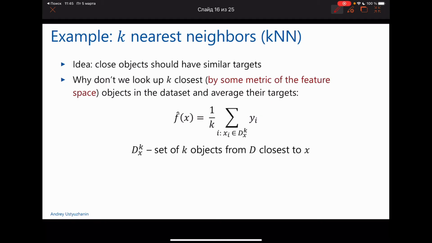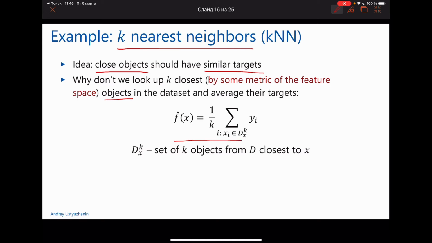So here is an example of such an algorithm. This is called k-nearest neighbors. The idea behind this algorithm is that close objects should have similar properties, and the target is one of the properties. So if we have a training sample distributed in our space X, we look at the k closest objects in the dataset, by some metric in the feature space, and just average the targets of those nearest neighbors.